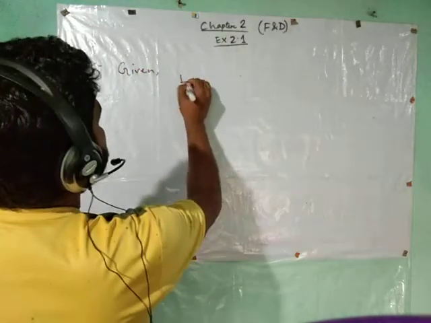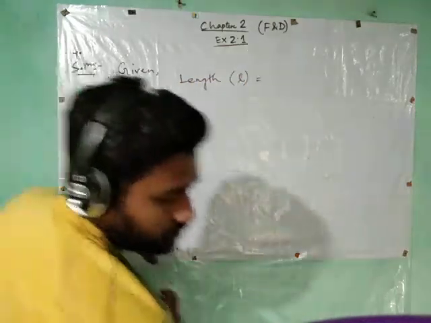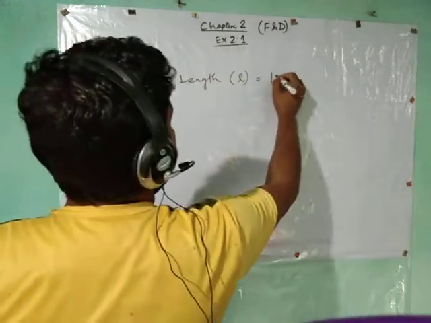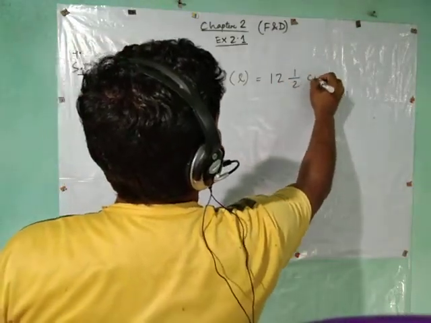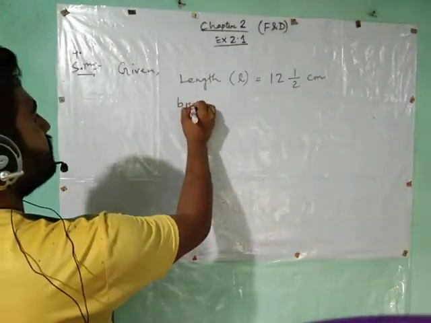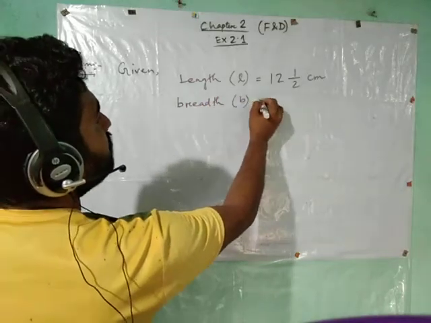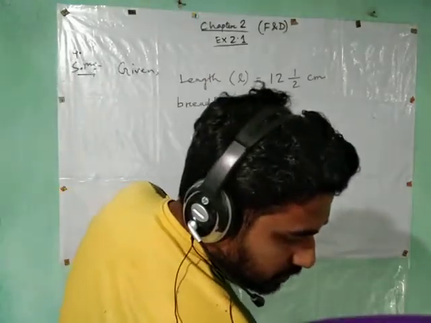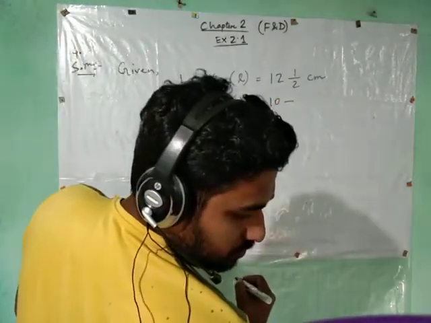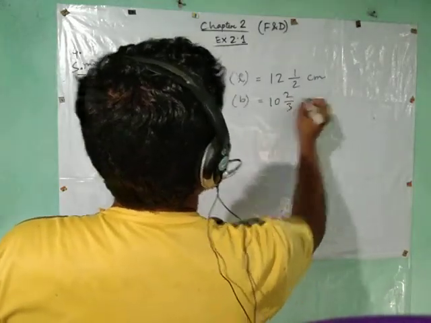Given length L equals, suppose, 12 1 by 2 centimeter. You have to write it there. Next, breadth or width, you can write width also, same thing. Width is 10 2 by 3 centimeter.